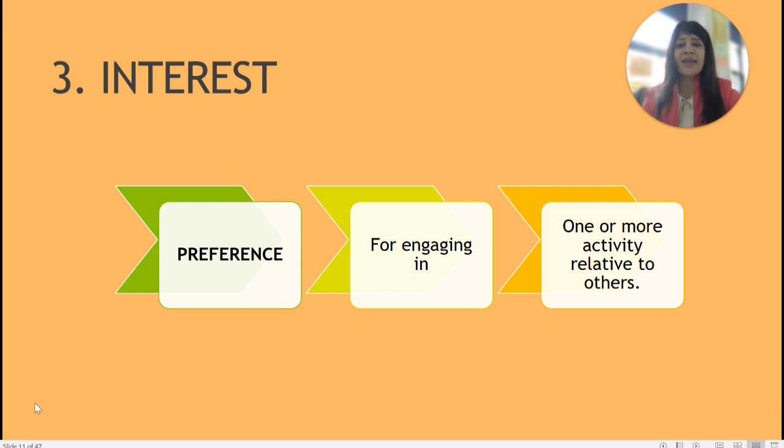That preference is understood as my interest. It is my interest in engaging in a particular activity, event, situation or circumstance over another, or relative to another. That is what defines interest for us.